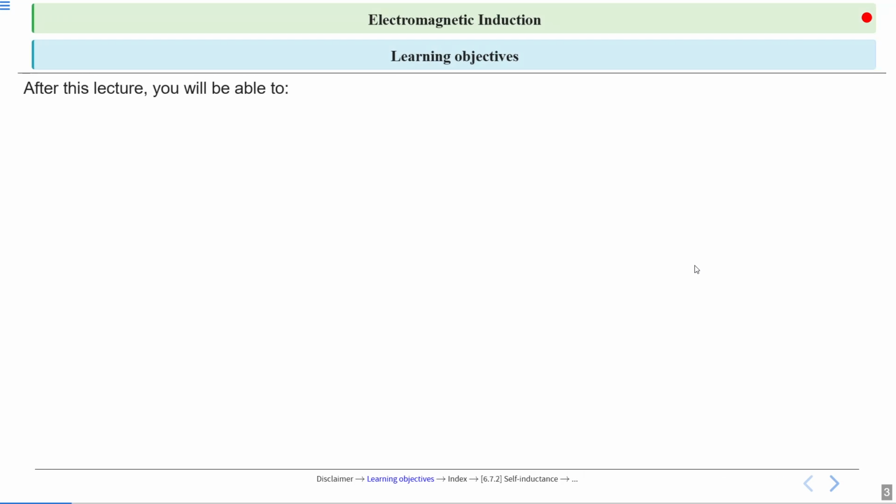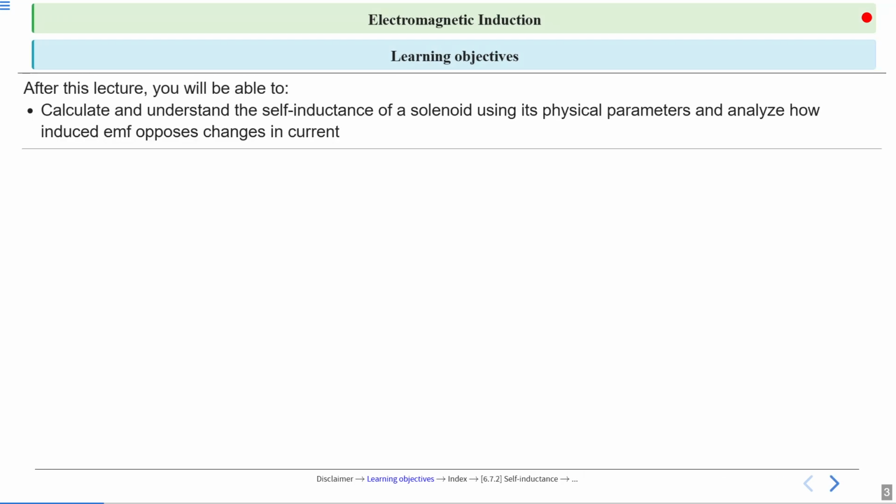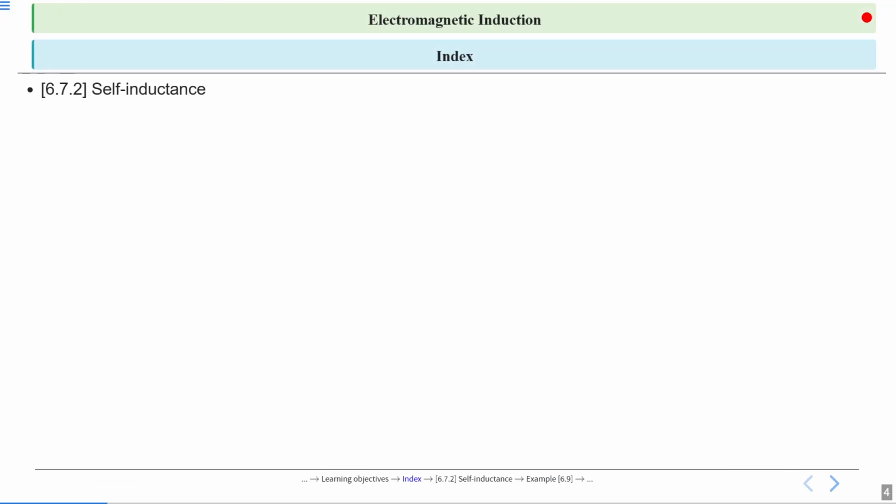After this lecture, you will be able to calculate and understand the self-inductance of a solenoid using its physical parameters and analyze how induced EMF opposes changes in current. We are also going to discuss one additional example.